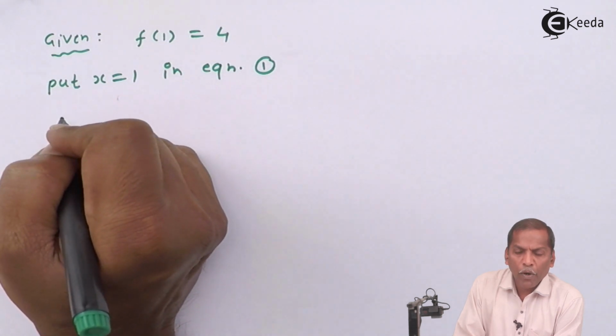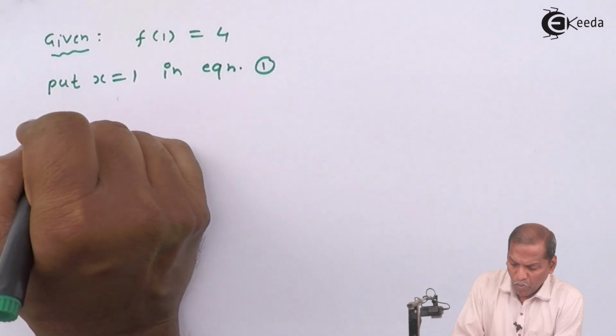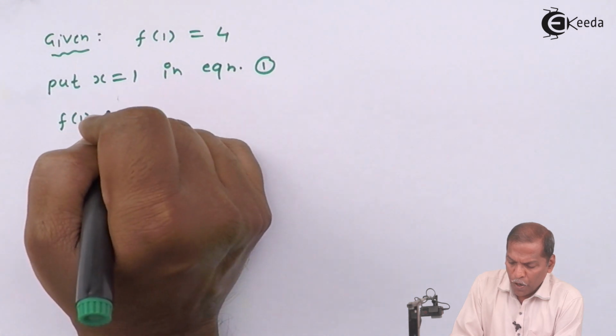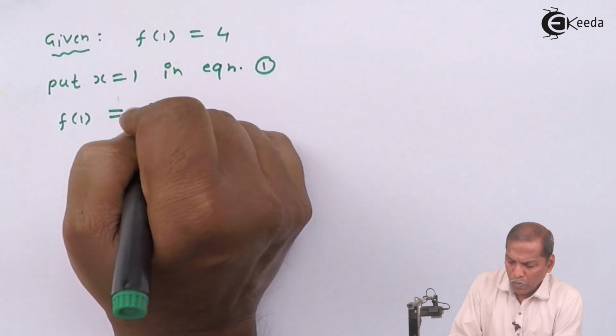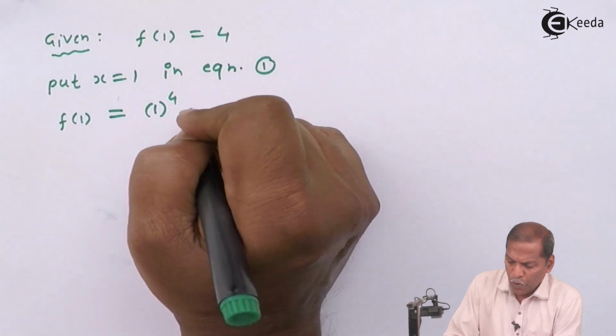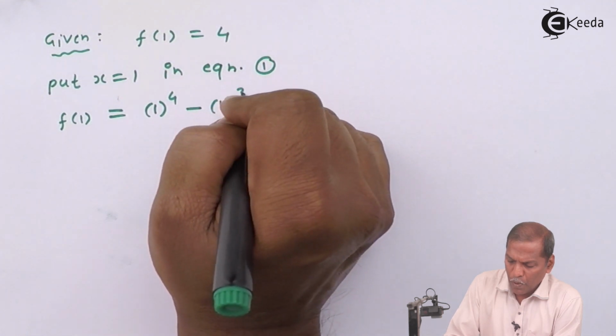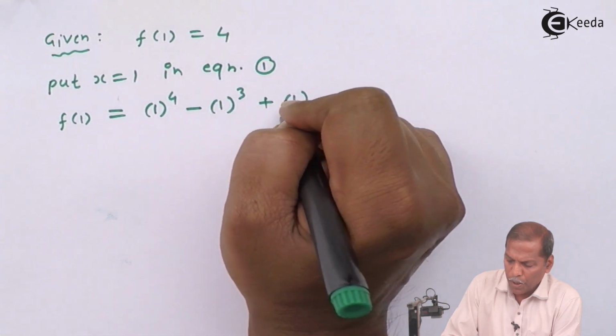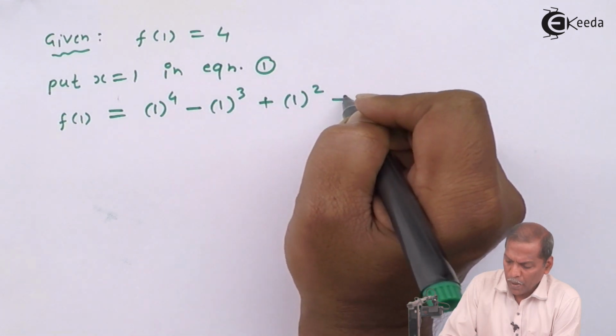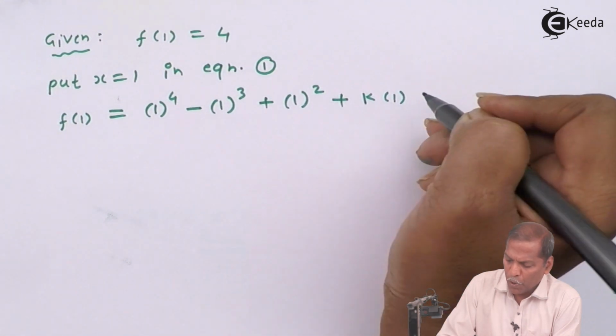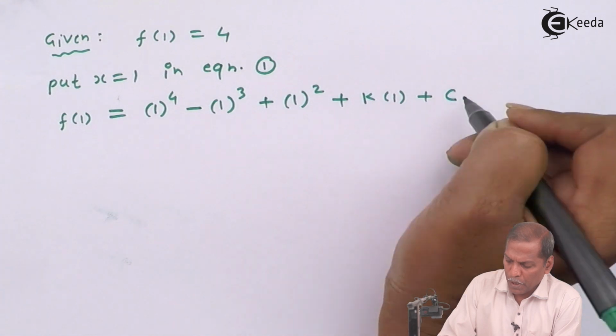So the next step will be f of 1 is equal to 1 raised 4 minus 1 cube plus 1 square plus k into 1 plus c.